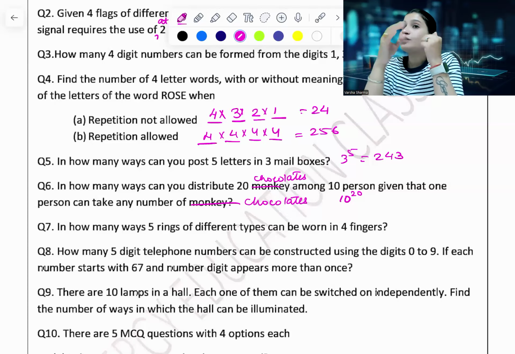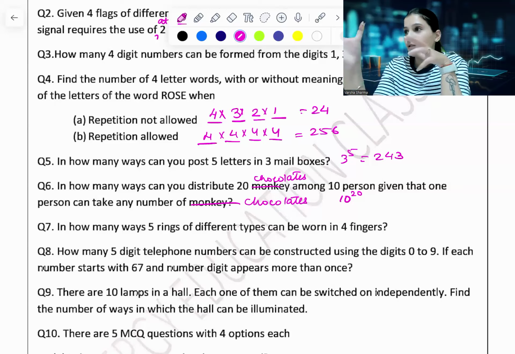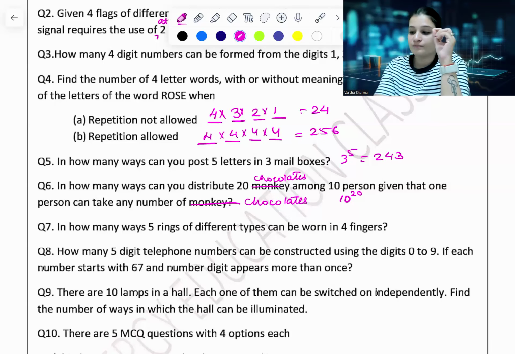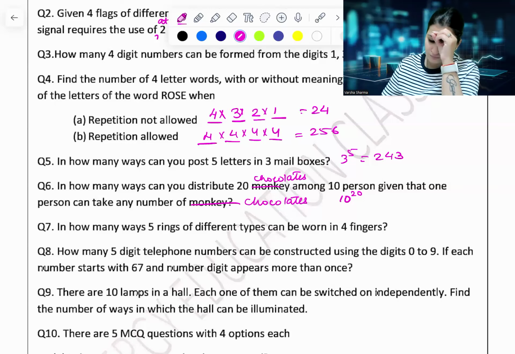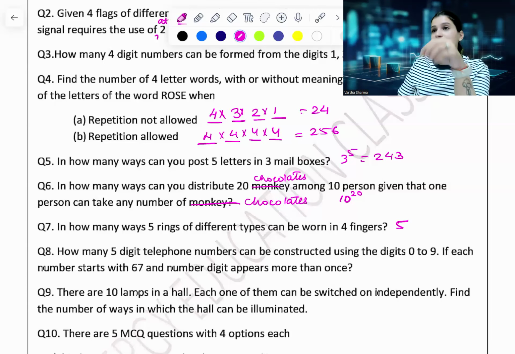So again here, you take the ring to the hand or the hand to the ring. Obviously, ring to the hand. So I pick up the first ring. How many options? 5. I pick up the second ring.